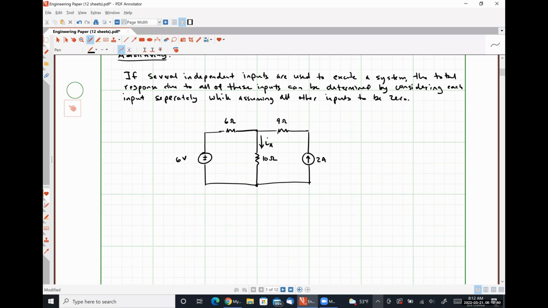So our input signals in this case are our 6-volt source on the left and our 2-amp source on the right. And the response or the output that we are interested in is the quantity Ix. Okay.